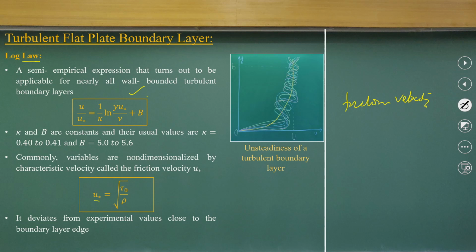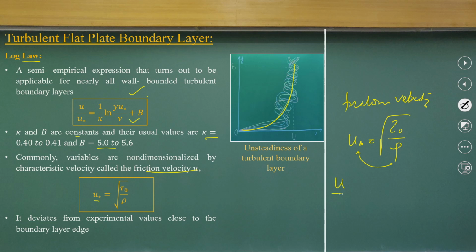It is not a velocity, but it has the dimension of velocity, and it represents tau, the bed shear stress or wall shear stress, divided by rho. Dimensionally it looks like velocity, but it is due to friction, which is why it is called friction velocity. For the velocity distribution, not the 1/7 power law, the log law concept has A and B as two constants, where one varies from 0.4 to 0.41 and B varies.